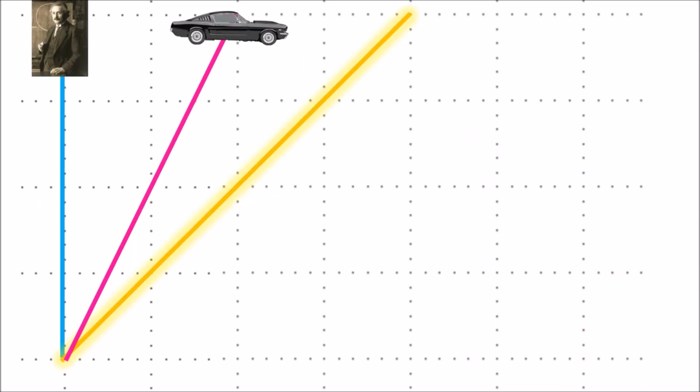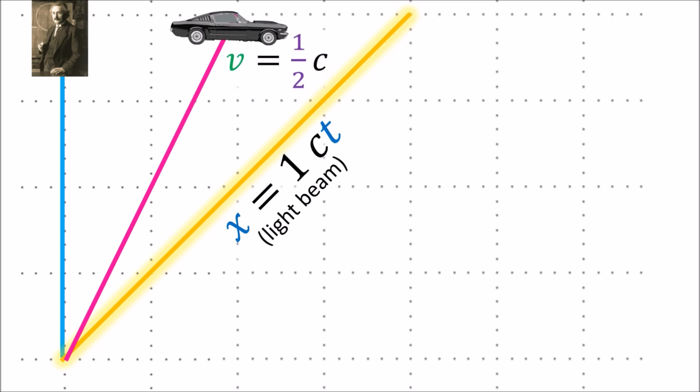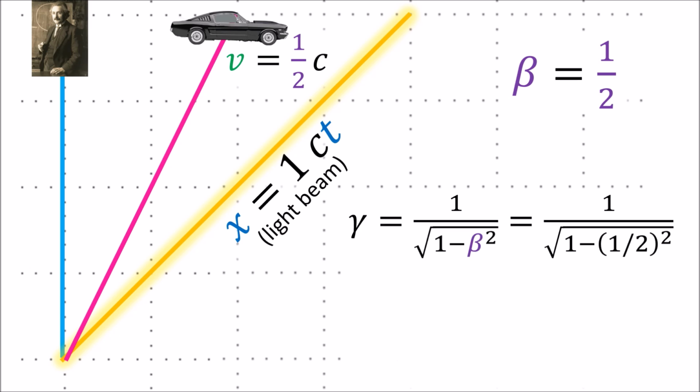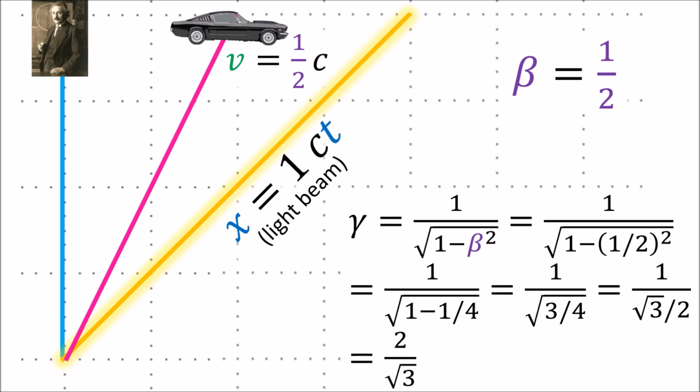So now let's say that Einstein is once again standing still, and from Einstein's point of view, the car is traveling to the right at half the speed of light. So the car's beta coefficient is 1/2. And you can check for yourself that with a beta value of 1/2, the corresponding gamma value is 2 over the square root of 3.